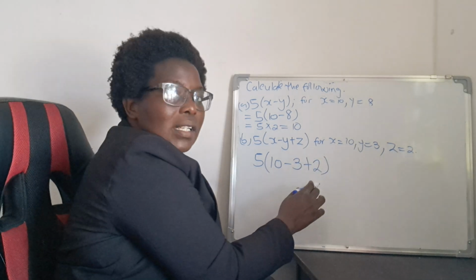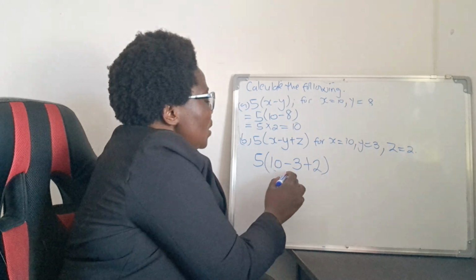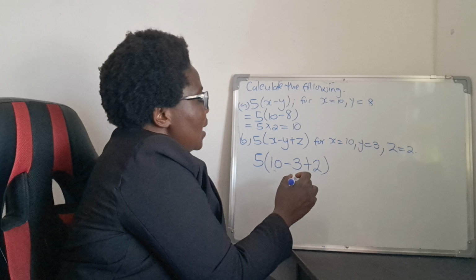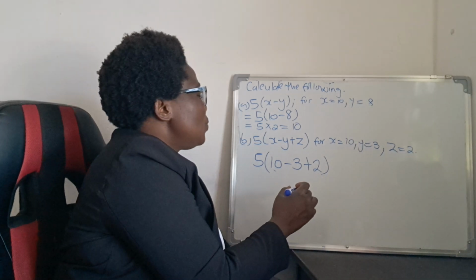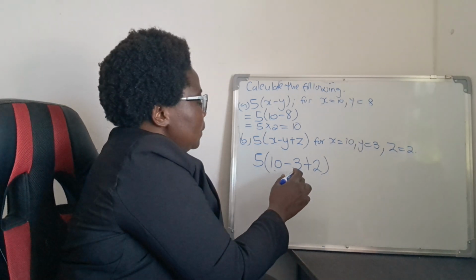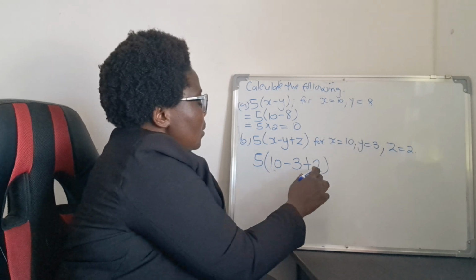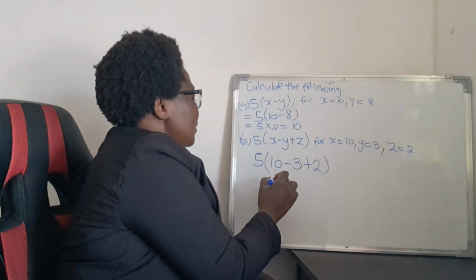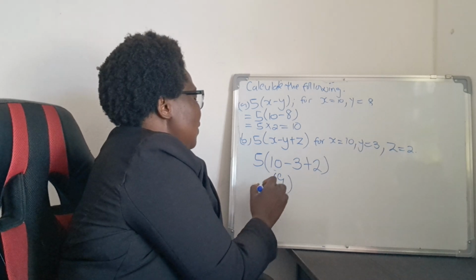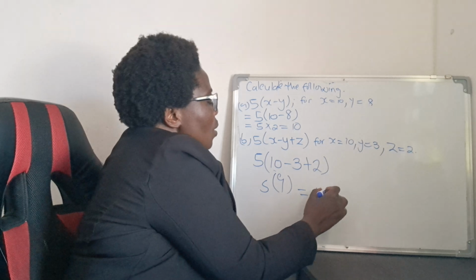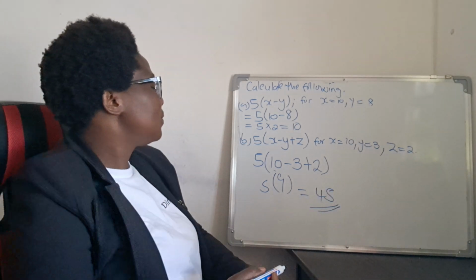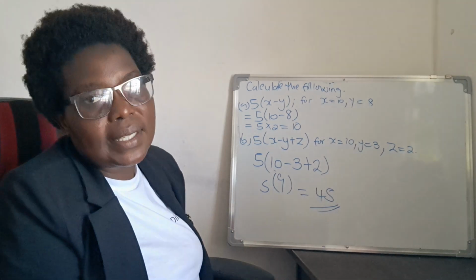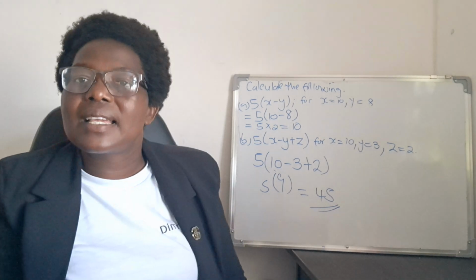Then solve what is inside the bracket first. 10 minus 3 plus 2, that should give you minus 3 plus 2, that's minus 1, that's 9, times 5, that should give you 45. All right. So in short, when you are required to solve by substitution, please take note.